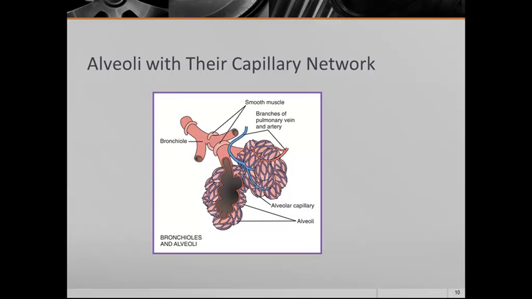Alveoli. This is a picture of our alveoli, which are at the ends of our bronchioles. The job of our alveoli is oxygen-carbon dioxide exchange. That's where this happens. In patients with emphysema, these alveoli lose their elasticity and the walls eventually stretch and then they break. Once a patient has enough of these that are broken, the oxygen-carbon dioxide exchange can no longer occur.